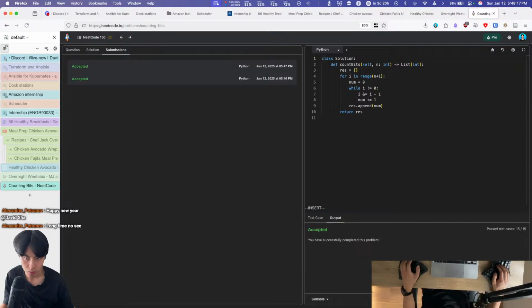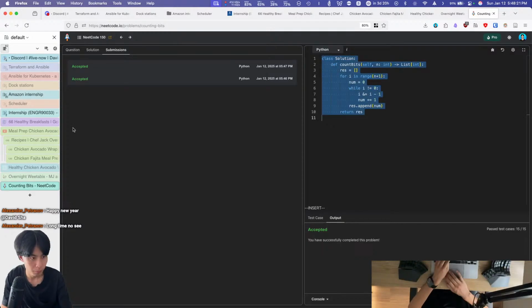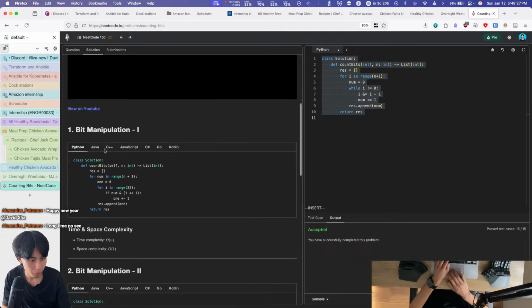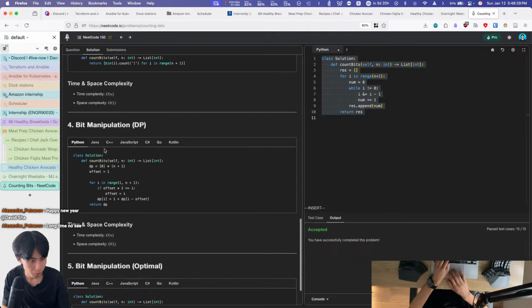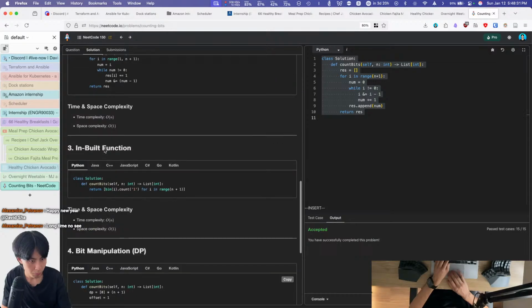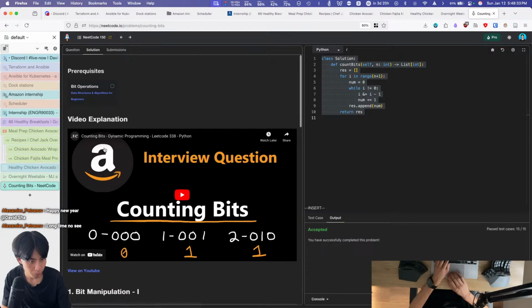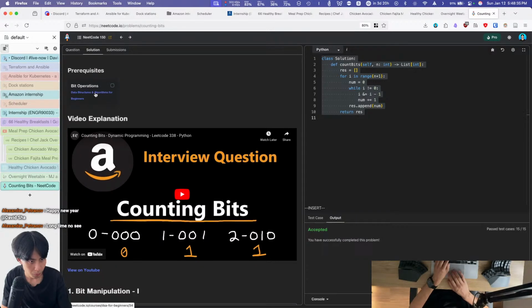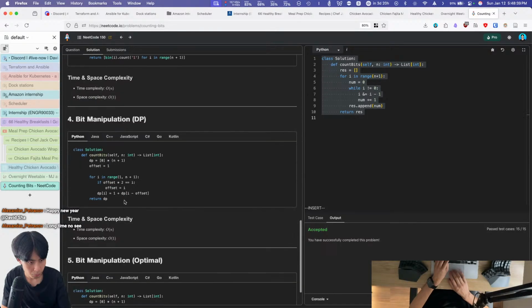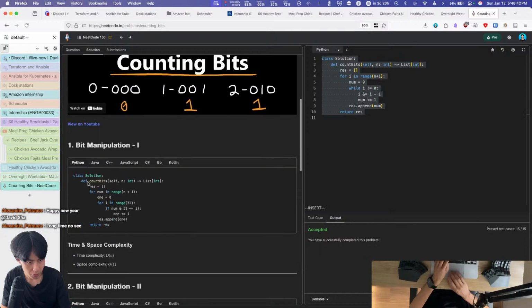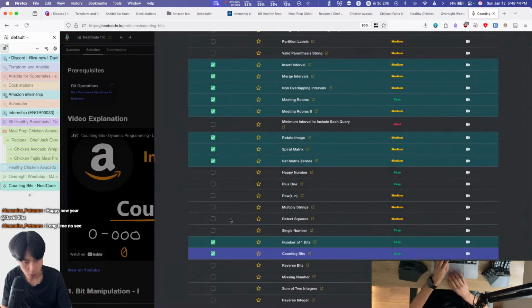GG. Why are there so many different ways to solve this problem?